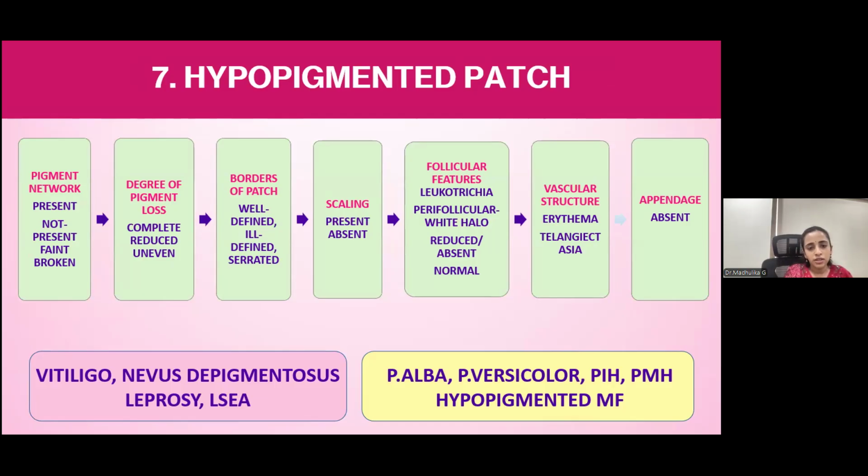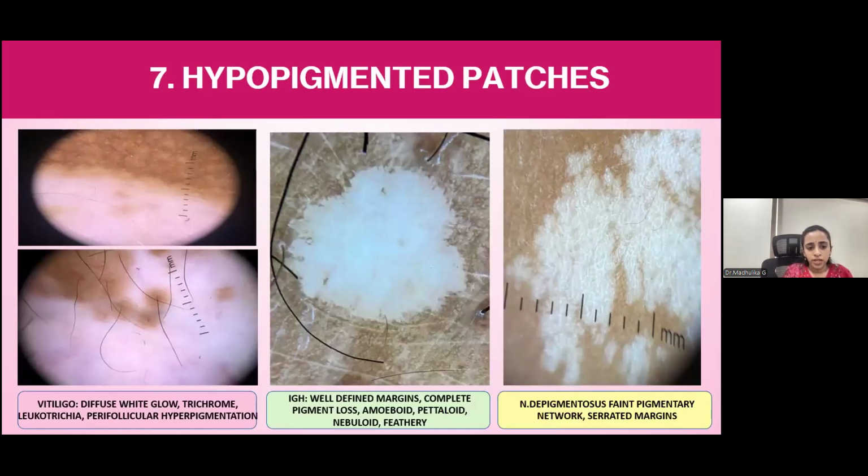Follicular features: leukotrichia, perifollicular white halo, or no follicles, like you see in a leprosy patch. So all follicular features you note. Vascular features, if anything, erythema, telangiectasias, note them. And any appendageal loss, like eccrine glands and hairs not being there in that area, might indicate something very severe like leprosy.